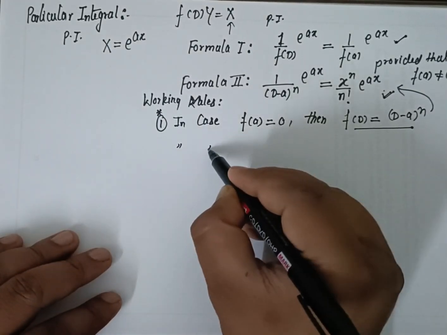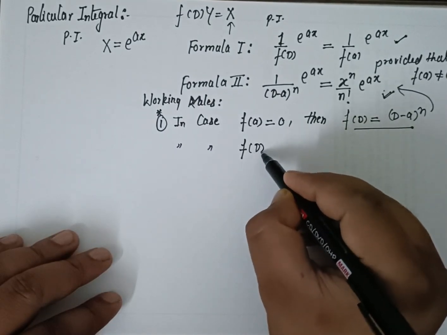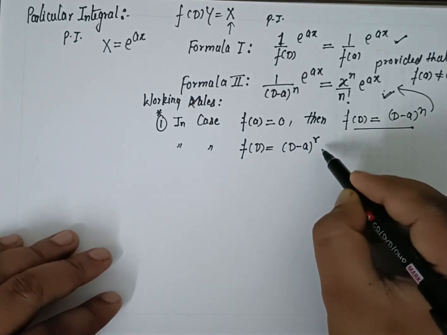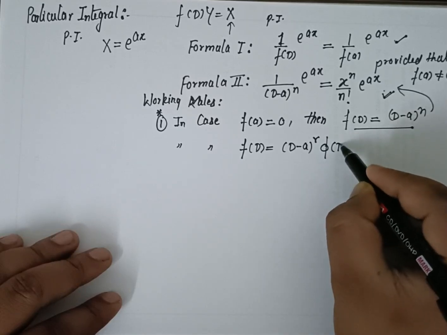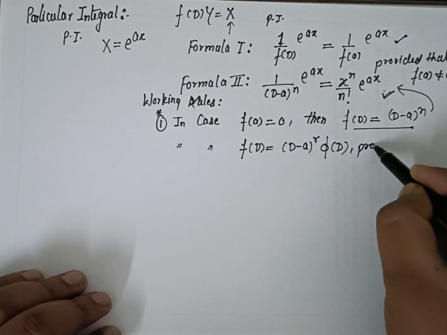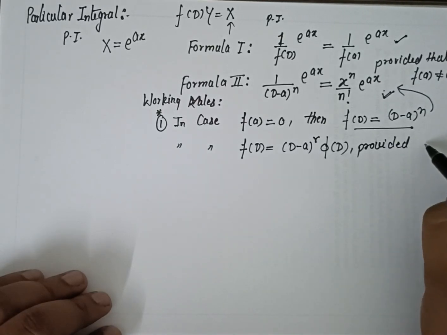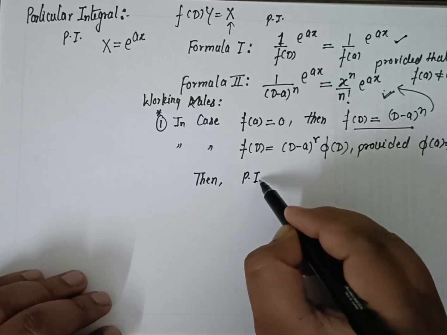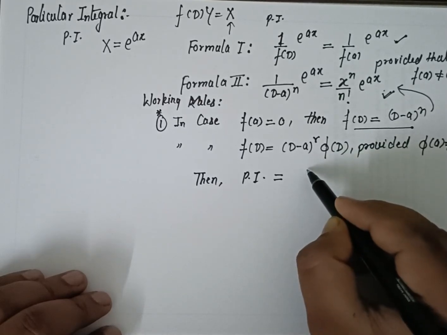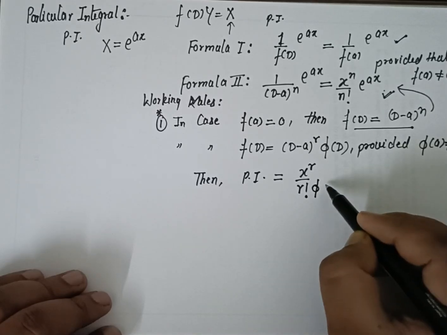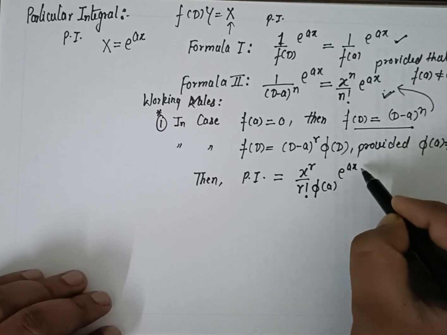In case your f of D is of the form where there are some factors of (D minus a) to the power r, and we have phi of D, some other function of D, provided that phi of a is not 0, then your particular integral will be 1 upon phi of a, x to the power r divided by r factorial, e to the power ax, with this form.